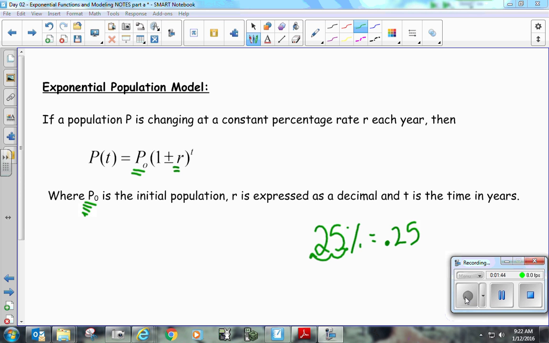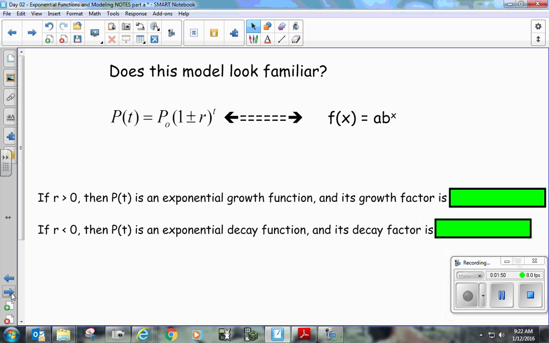It should look familiar right now. We just did the exponential function a b to the x. If p sub 0 is our initial value, that's pretty much just like a. And t is time in years.